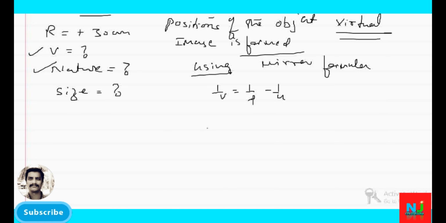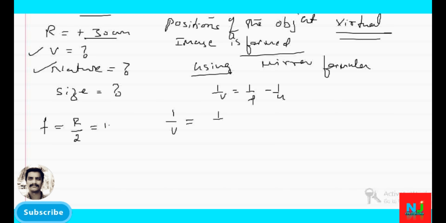Let's substitute the values. 1 by v is equal to, what is the focal length? The focal length is not given directly. We have to calculate the focal length by dividing the radius of curvature by 2.